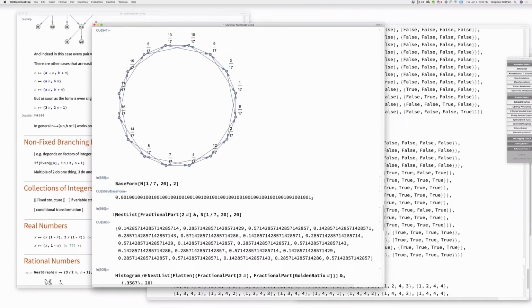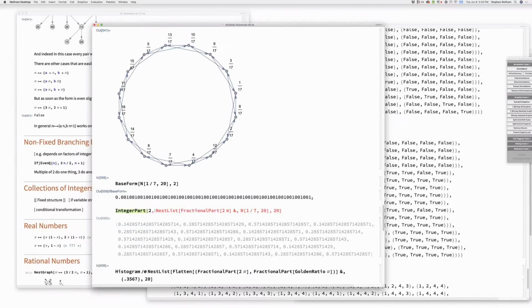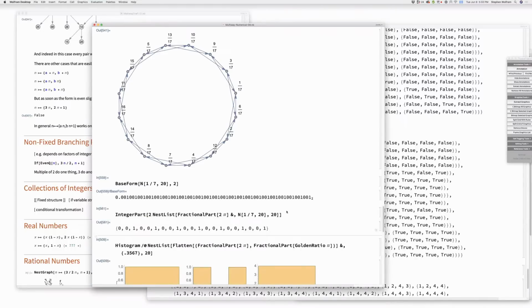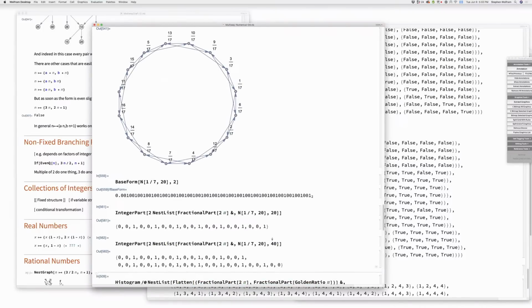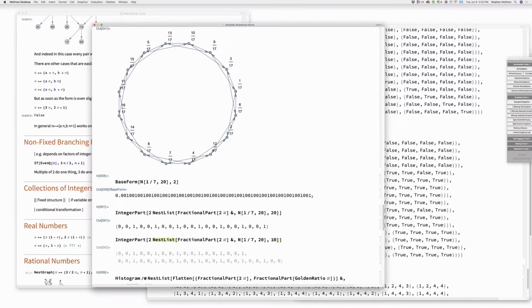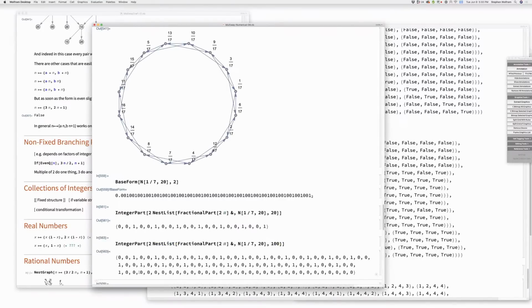So if we say, I want to say the integer part of 2 times that. Oops, integer part of 2 times this. Yeah, so I claim that will be a precise map of that 1/7 until we run out of bits, and then it will go crazy. If we do this to 40 steps, this is what we're seeing. Eventually this thing will break down because it will no longer, yeah, there we go. It just broke down there, right?